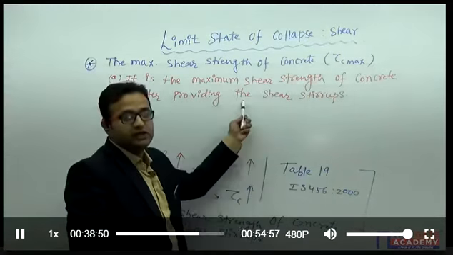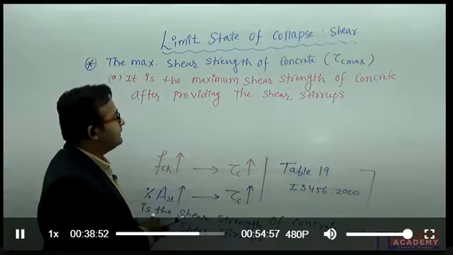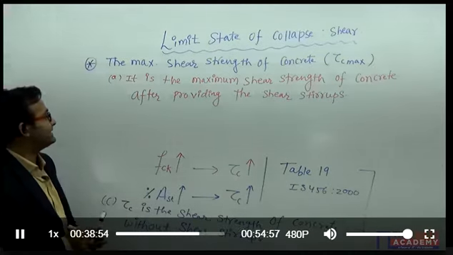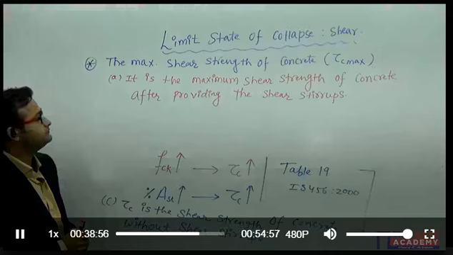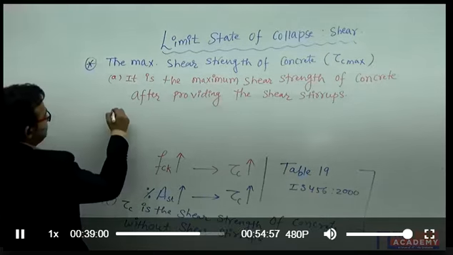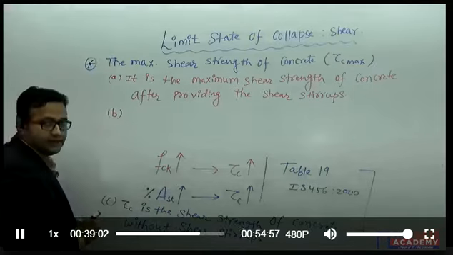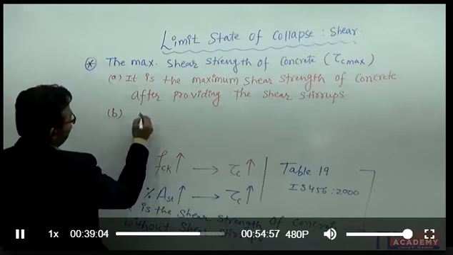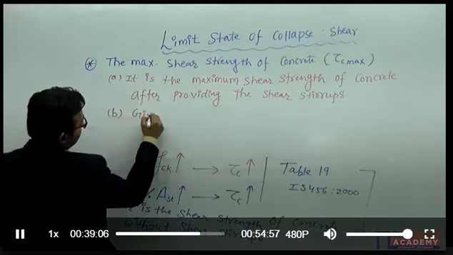Fine. So this is tau c max. This can be calculated, and it is also given in the IS code.